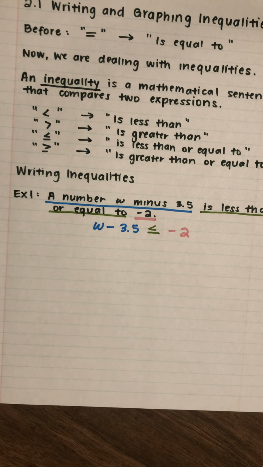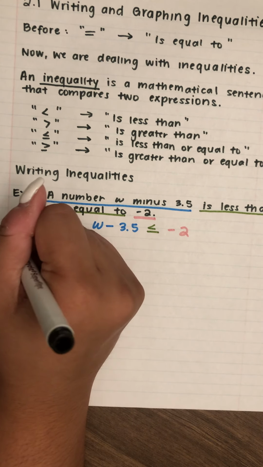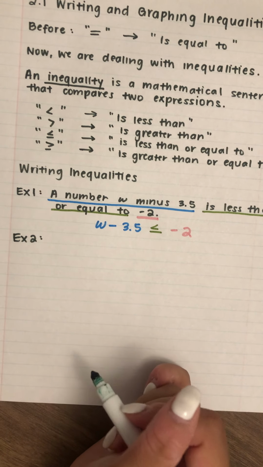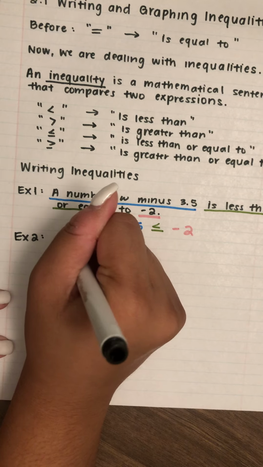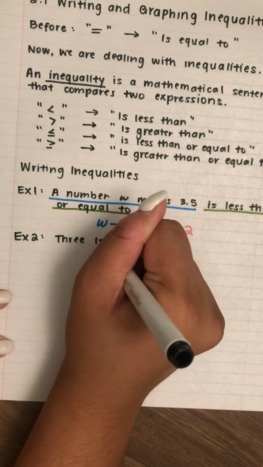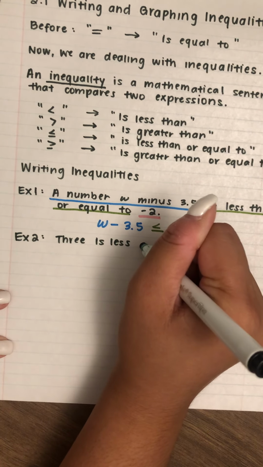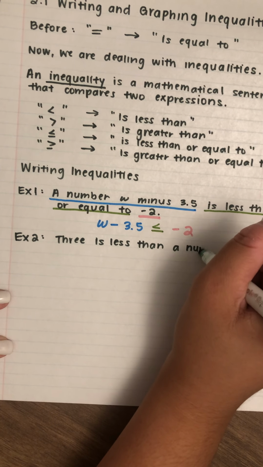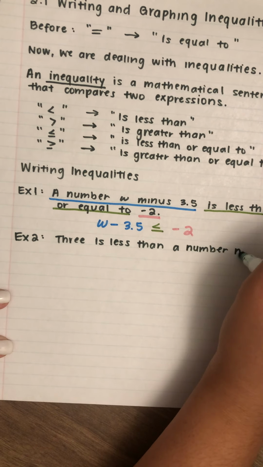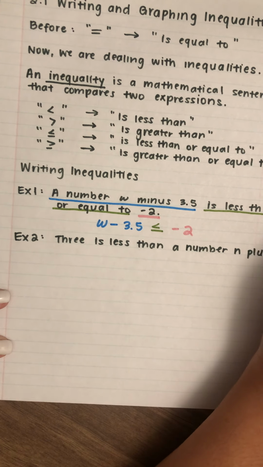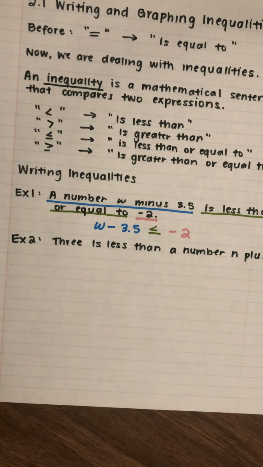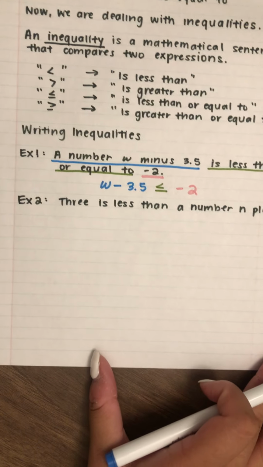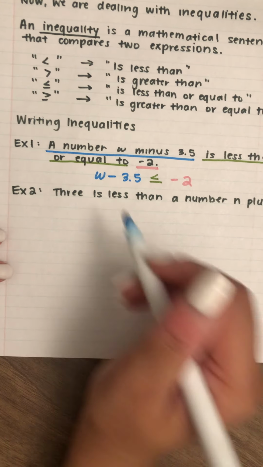All right, let's look at another example. So 3 is less than a number n plus 5. Again, let's keep an eye on the structure of our sentence to help us put together an inequality.